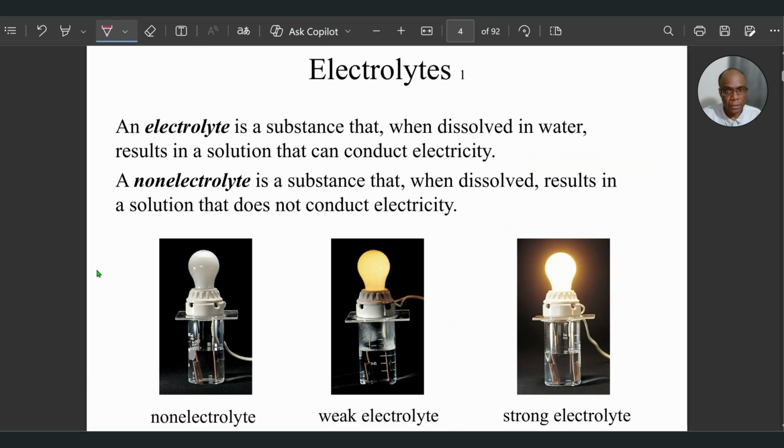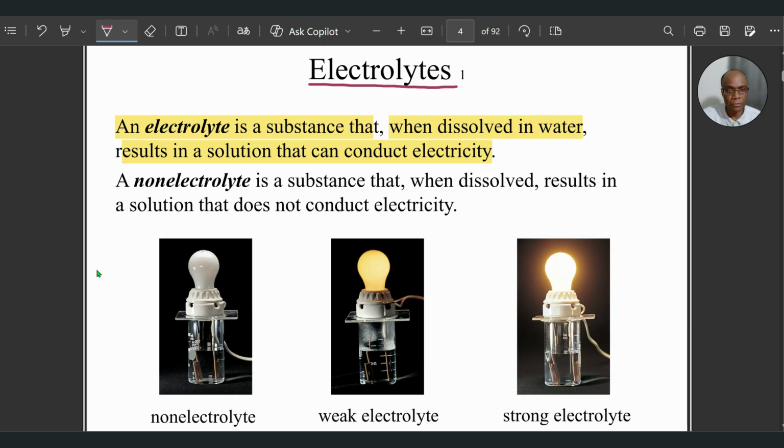Let us learn about electrolytes. The learning objective here is to be able to identify strong electrolytes, non-electrolytes, and weak electrolytes. An electrolyte is a substance that, when dissolved in water, results in a solution that can conduct electricity. And the reason is electrolytes will have free, so let me write this, they have free moving ions.